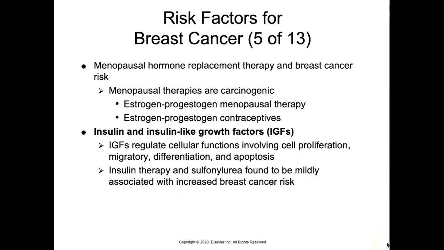We also see that menopausal hormone replacement therapy can change the risk of breast cancer. So the menopausal therapies can possibly be carcinogenic. There's the estrogen progestogen menopausal therapy and estrogen progestogen contraceptives.